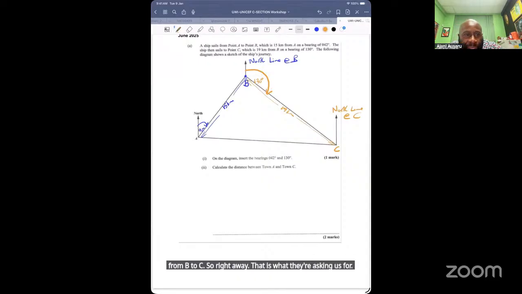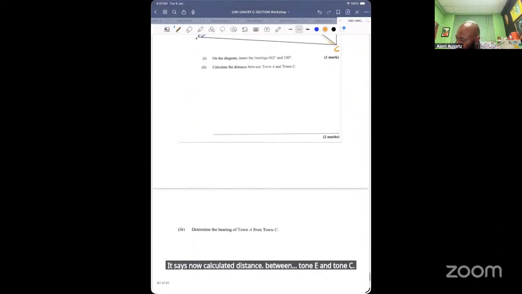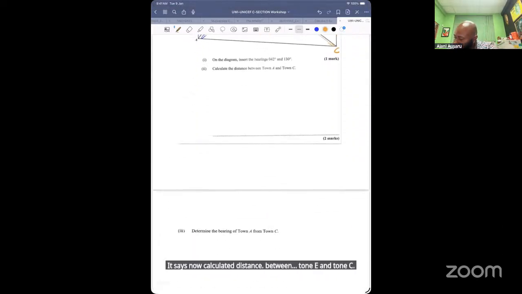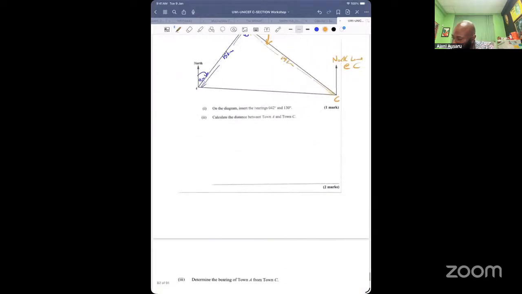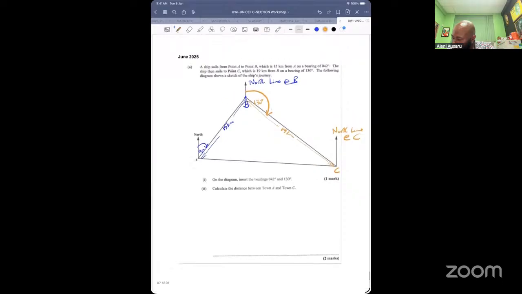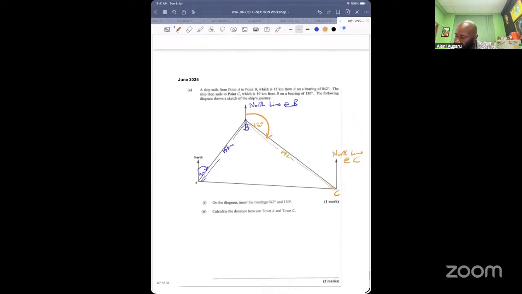It says now, calculate the distance between town A and town C. So what we want is this distance here, right?